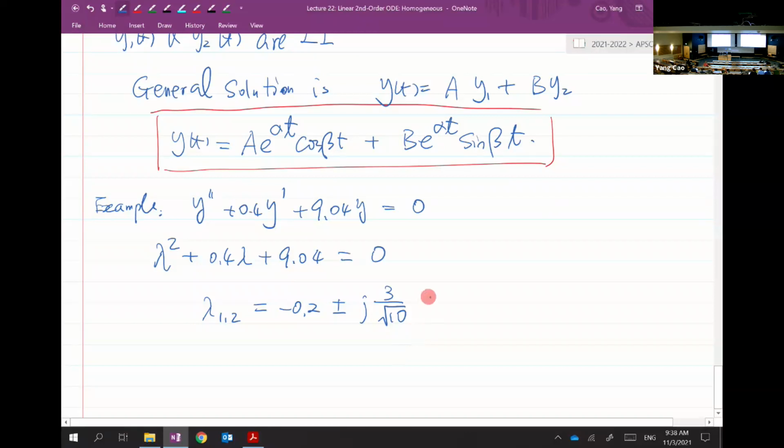Okay. So obviously this is a complex conjugate pair of roots. So write it as alpha plus minus j beta. So alpha equal to negative 0.2, beta equal to 3 over root 2.